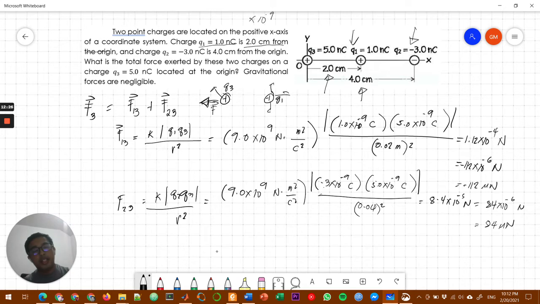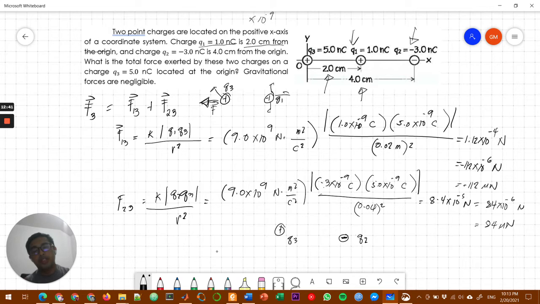Now the sign of the force, where is its direction? Let's draw. This is Q3 and this is negative, Q2.